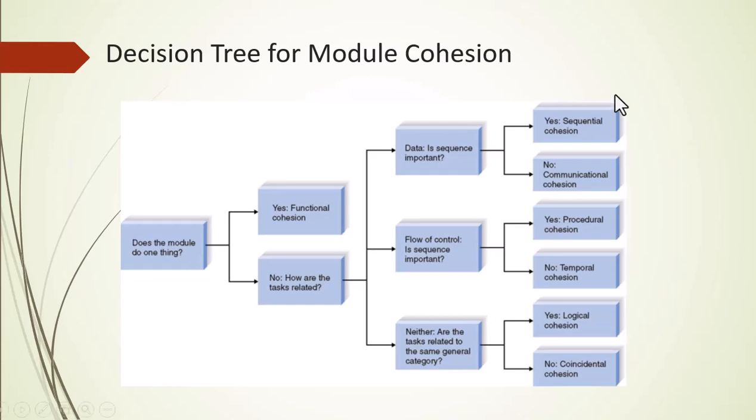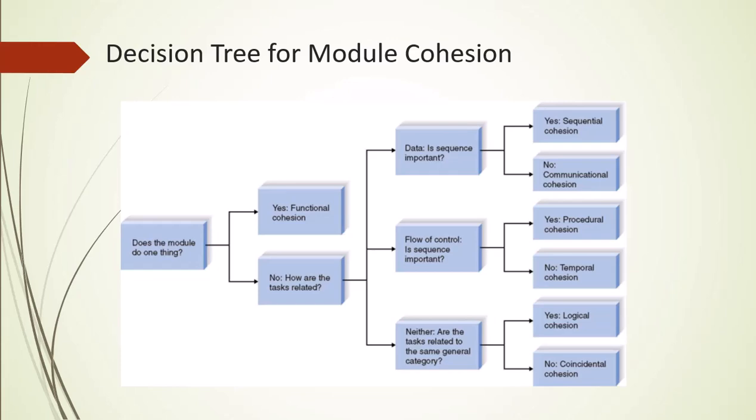If it is yes, this means it's a sequential cohesion. This means it is not a single task, but rather there are multiple tasks performed by the module. When task 1 is performed, its output will be the input for another task, and the output of that will be input for another task, etc.